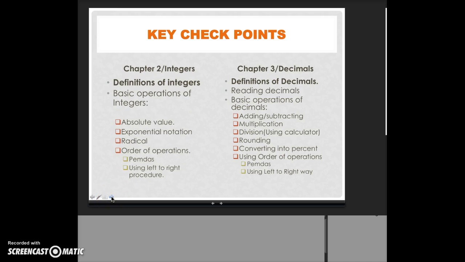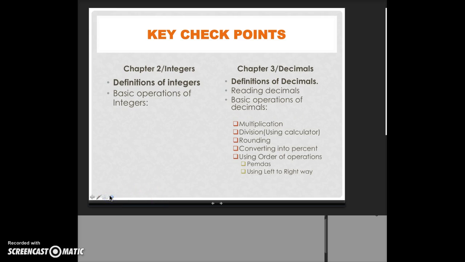We talked about absolute value, about distance from zero. Exponential notation. We talked about some of the things to expect when we have negative numbers with brackets or with parentheses, and not radicals. Talked about those cube roots and fourth roots, order of operations, PEMDAS, and using this idea of PEMDAS from left to right, reading it from left to right.